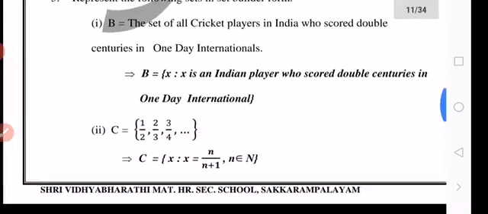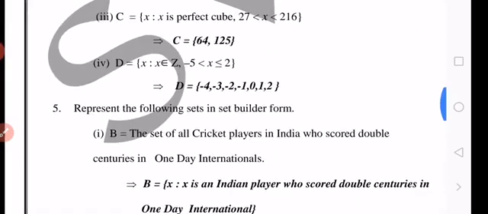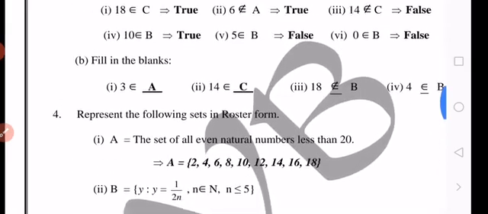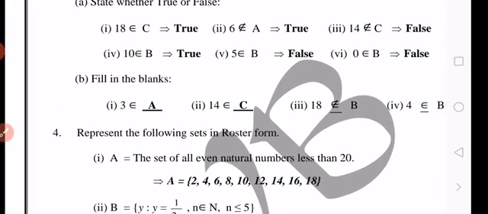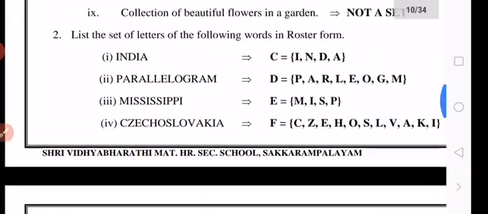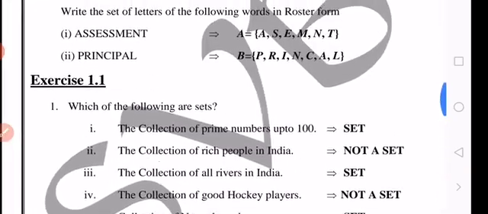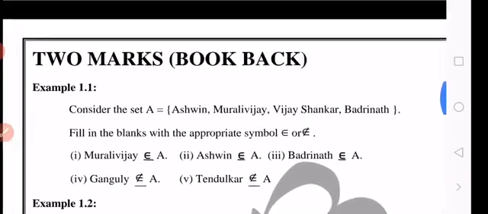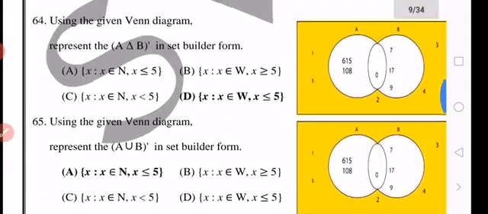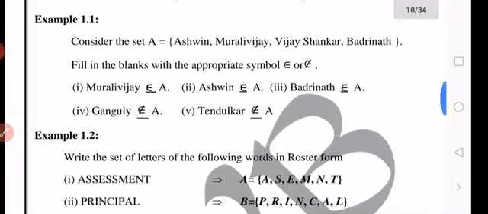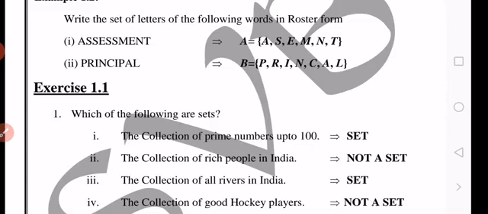After you finish exercise 1.1, take a scan copy and send it to your class teacher. After finishing exercise 1.1, each and every student sends the photocopy to the concerned class teacher.